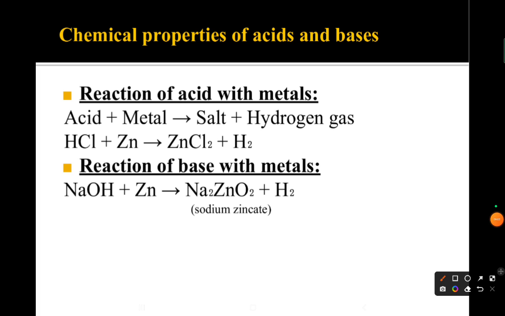NaOH full form is sodium hydroxide. Now Zn full form, I will tell you: one, two, three, go. Zinc. Okay.